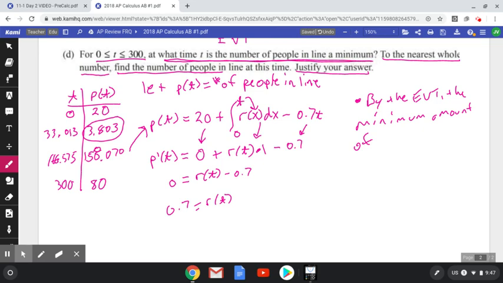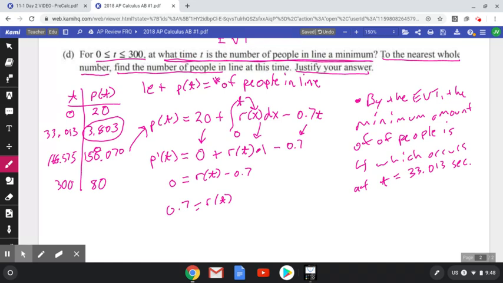So by the EVT, the minimum amount of people is 4. We want to round to the nearest whole number, which occurs at t equal to 33.013, and that's seconds.